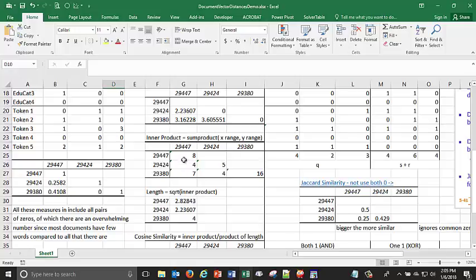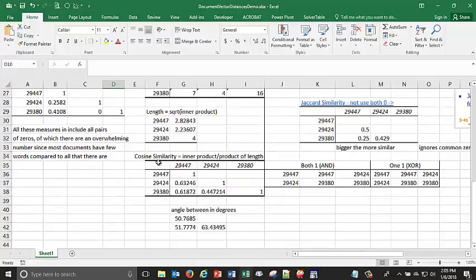So these are the cosine similarities. Here we go. So 1 and 2 are similar, 1 and 3 are similar, and the similarity to 3 is small, and that's what we found out. If we actually calculate the angles between the vectors, we get 50 degrees and 51 degrees between 1 and 2 and 1 and 3, and we get 63 degrees.